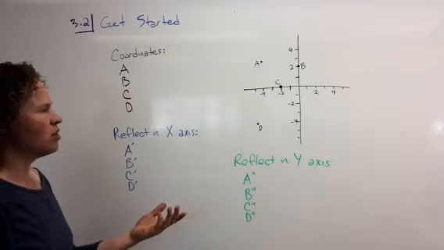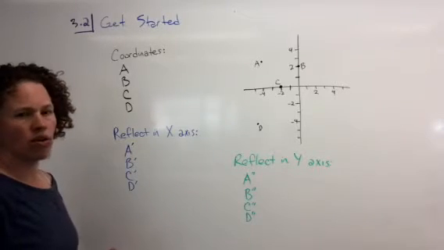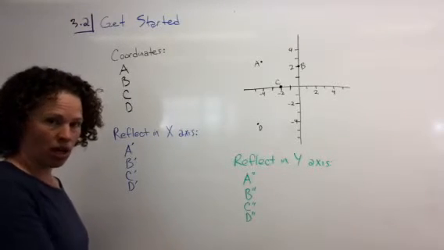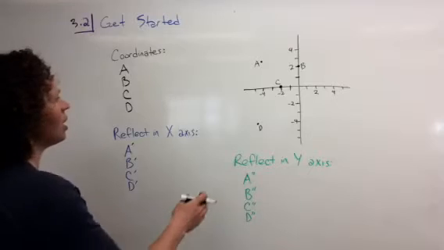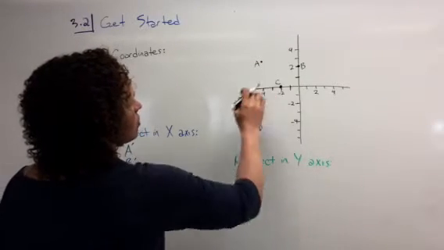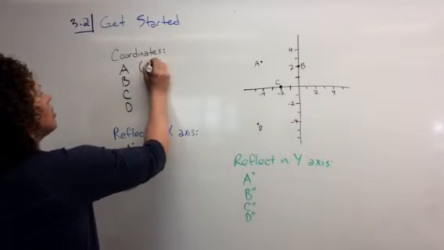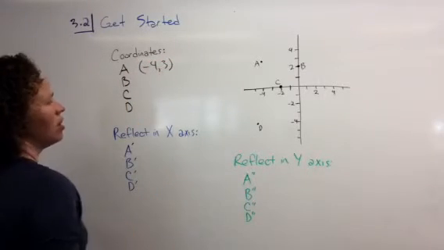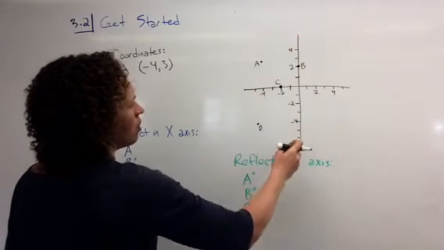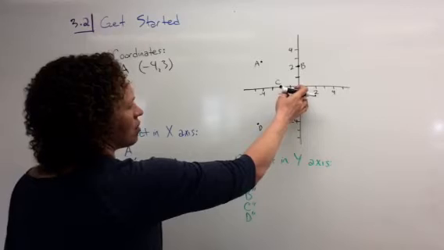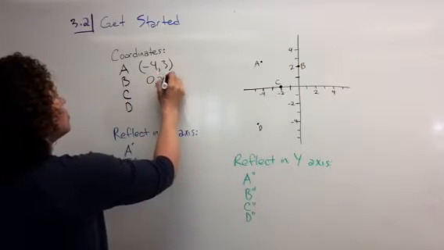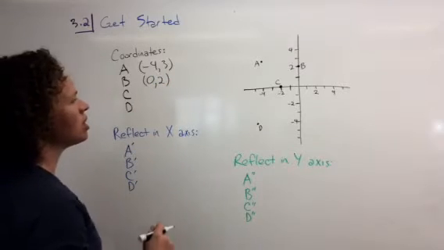And the first thing they want us to do is say, what are the coordinates for those points? Well, hopefully you remember that you use x, then y for your coordinate points. And we look at A, and A for x is -4, and for y it's 3. So I'm going to have -4 and 3 for A. B is right on the y-axis, so that means that x equals 0 for B, but y is 2, so I'm going to have 0 and 2 for those coordinates.